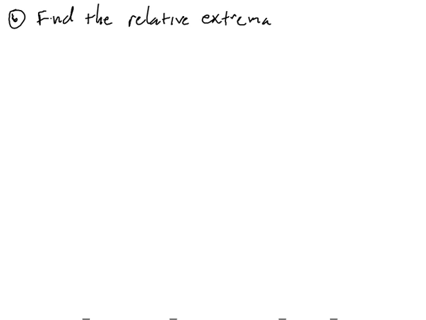So that means that we will have a relative minimum at x equals 0, and the value of that relative minimum is, well, if we plug 0 into our function, we would get 1/4.